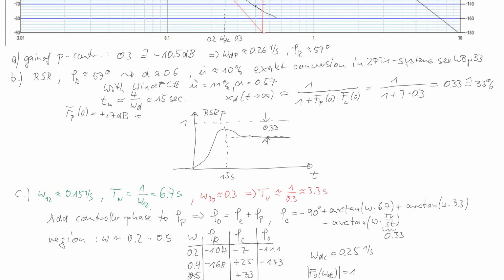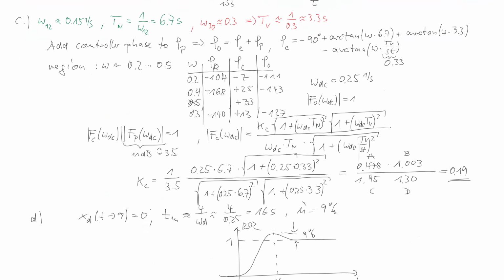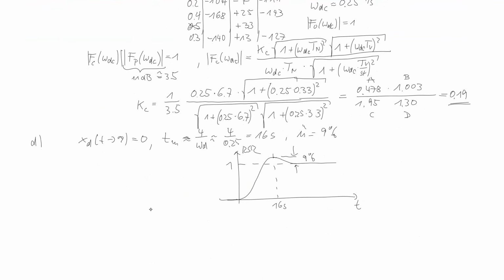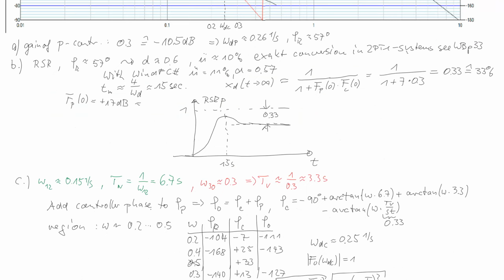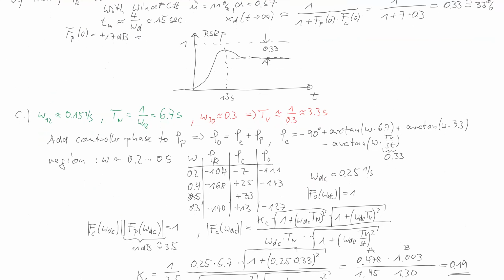You see the overshoot is the same, the time is the same, but the accuracy is much better. So the speed decrease of the integrator is compensated by the speed increase of the differentiator. So this is finally the result of this task. I think this helps a little bit in working through these tasks. Thank you.